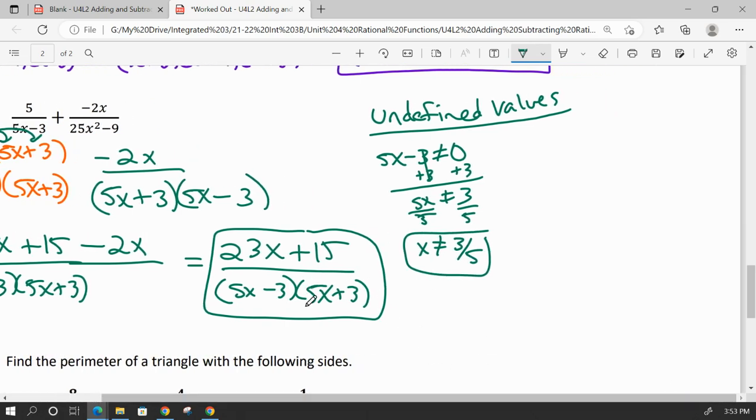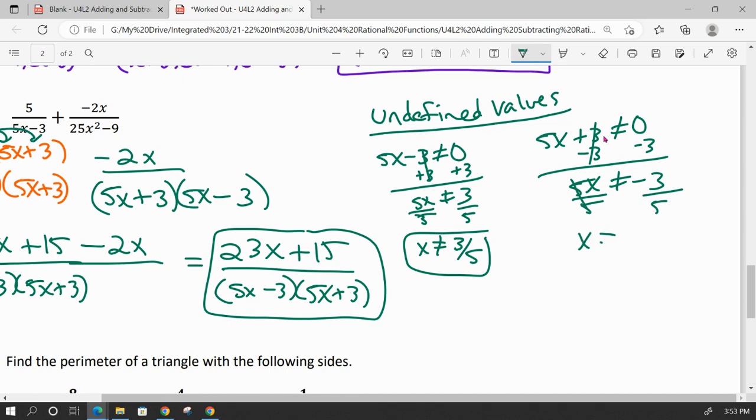My other factor is 5x plus 3. So 5x plus 3 cannot equal 0. If I subtract 3 and then divide by 5, I get the expression x cannot equal negative 3/5.